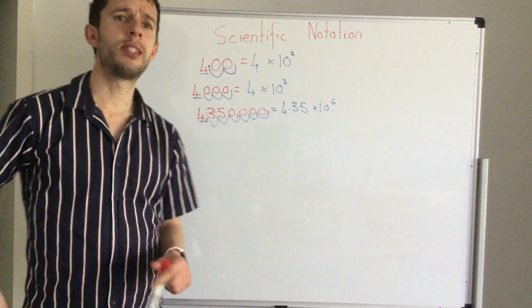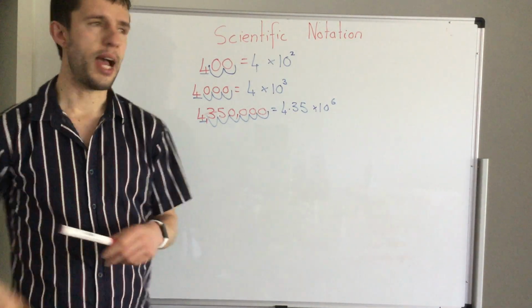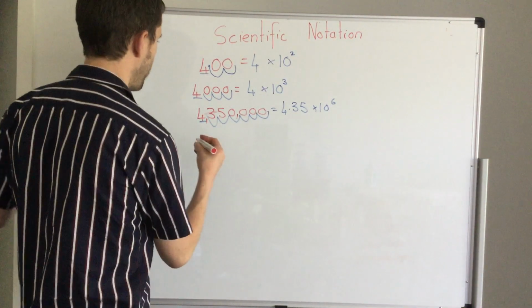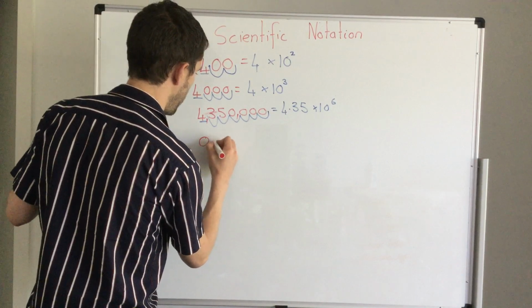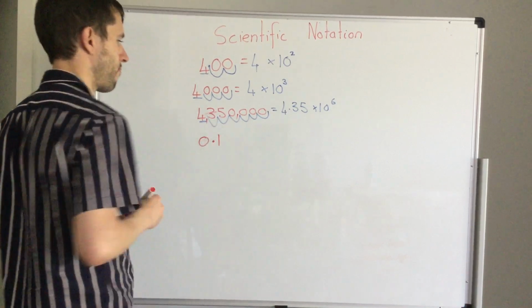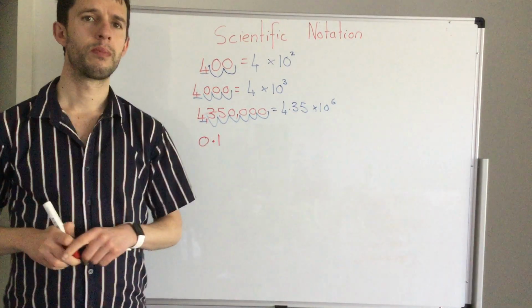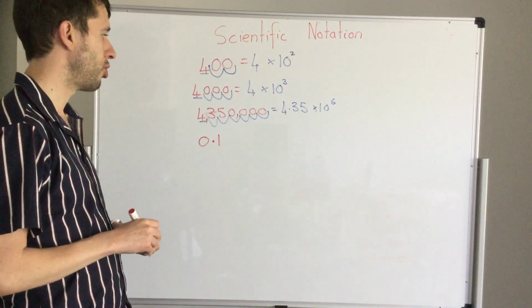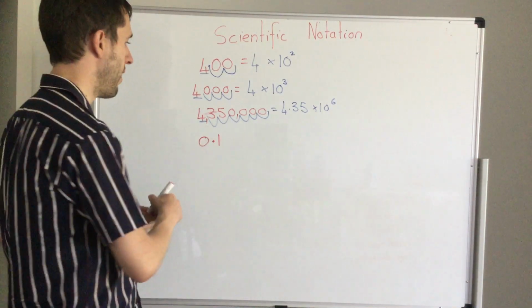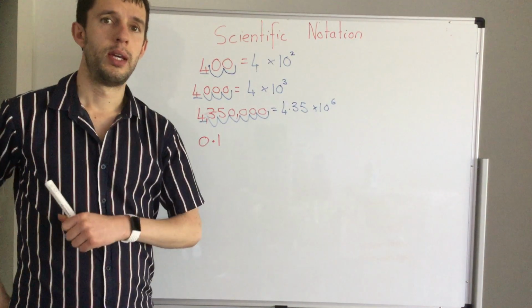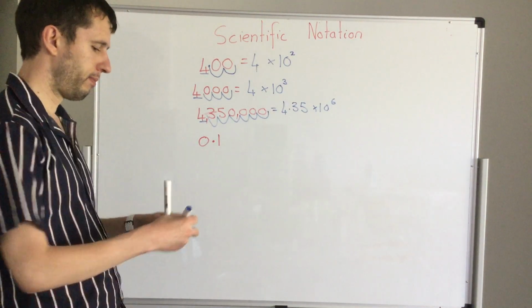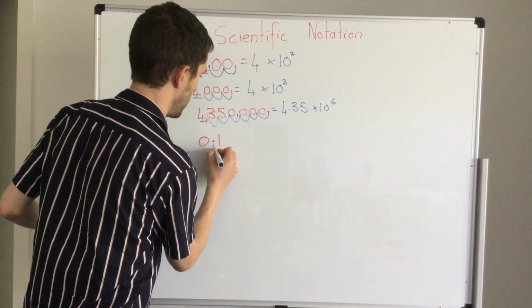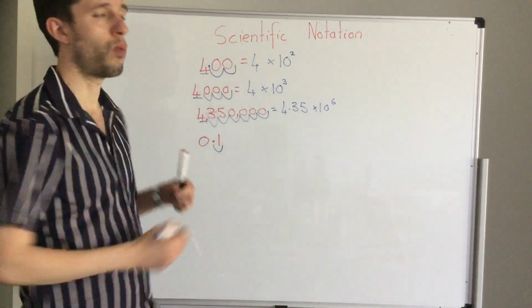We can do scientific notation the other way as well. For example, if I have 0.1, I would like to get it so I've got one number in front of the decimal place. So I'm moving the decimal place one spot the opposite way.